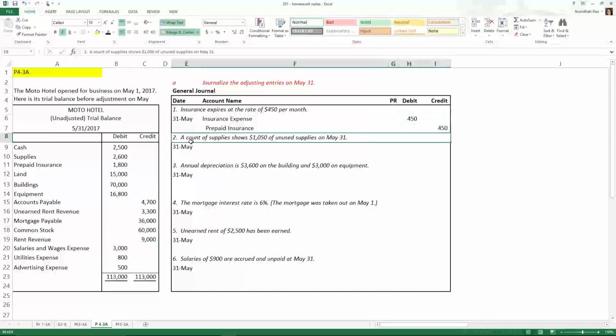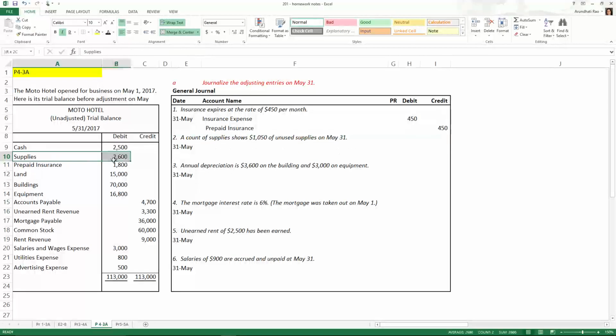The next information we've been given is a count of supplies shows we have $1,050 of unused supplies on May 31st. This is another way of saying supplies on hand is $1,050. Again, when we look back at our trial balance, we had supplies of $2,600 when we started the month. At the end of the month, we have $1,050 worth of supplies.